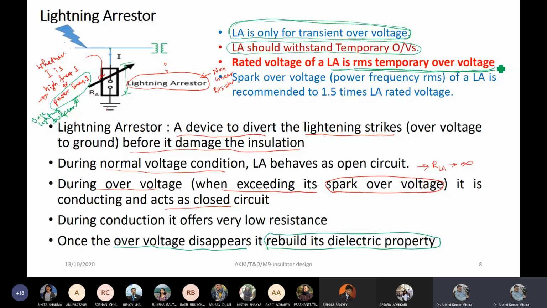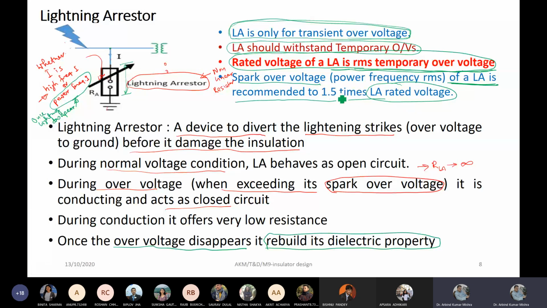If the spark over voltage is lesser than this, then definitely the lightning arrestor will conduct even in case of temporary over voltage. So the spark over voltage of the lightning arrestor is always greater than the rated lightning arrestor voltage, and usually it is chosen around 1.5 times.